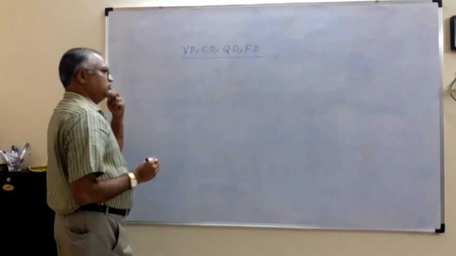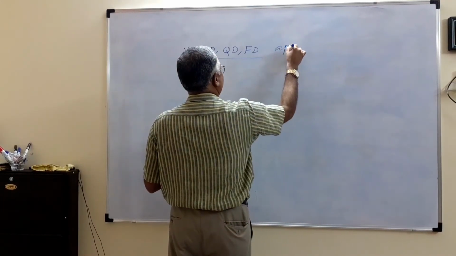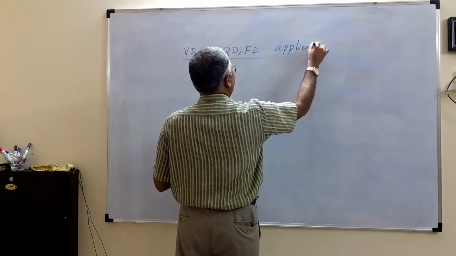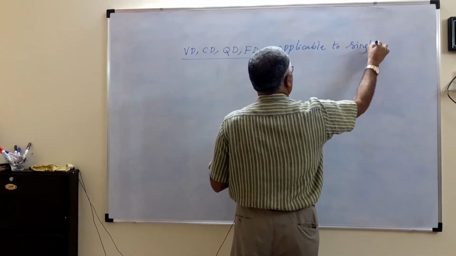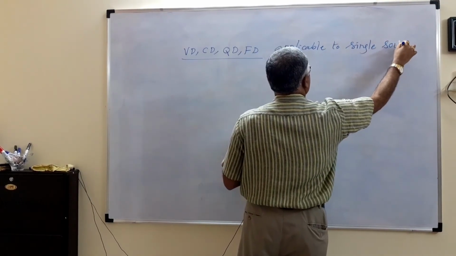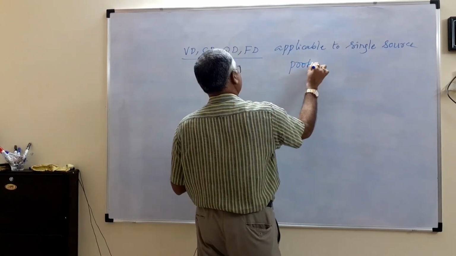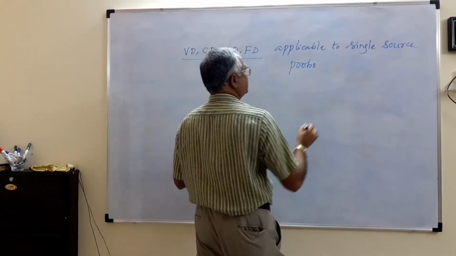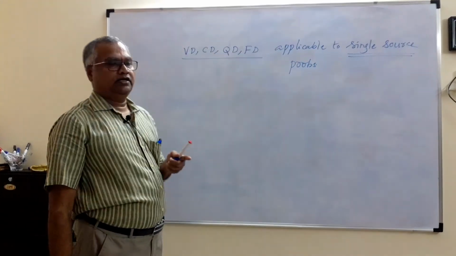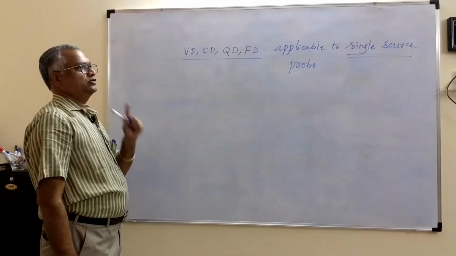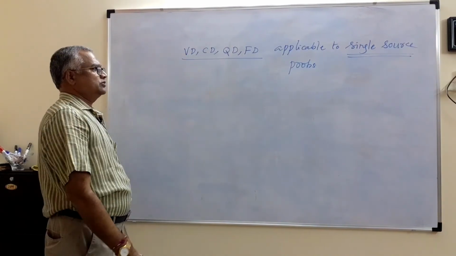So this is applicable to single source problems. The number of sources in the network should be single. Basically series-parallel is applicable to a single source, so all these formulas are also applicable to a single source.